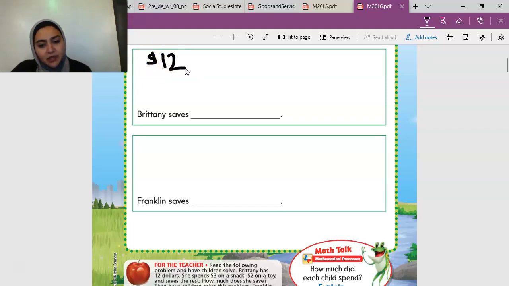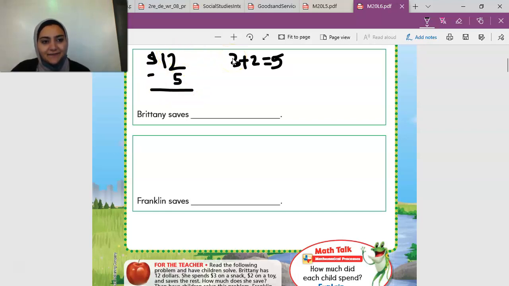She spends $3 on a snack and $2 on a toy. So how much does she spend? If she spends $3 on a snack and $2 on a toy, how much does she spend altogether? She spends $5 altogether. 3, 4, 5. So if she has $12 and she spends $5, then how much does she have left? How much does she save?